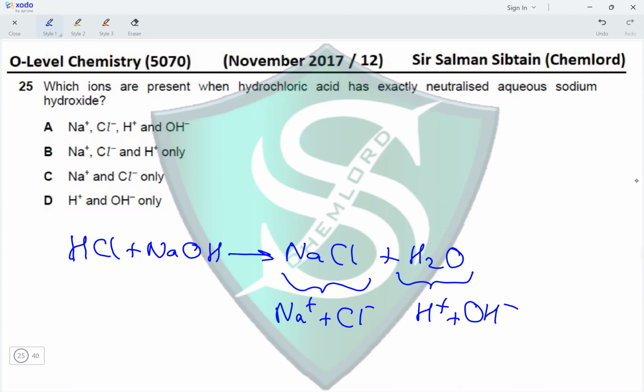So option A has all four present, so it is correct. Option B has the OH- ion missing. Option C has H+ and OH- ions missing. And option D has Na+ and Cl- ions missing, making option A the correct option for this question.